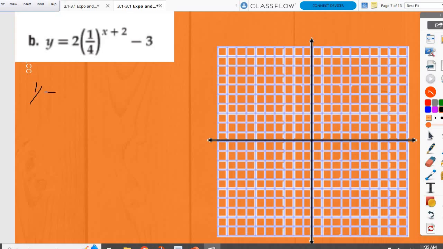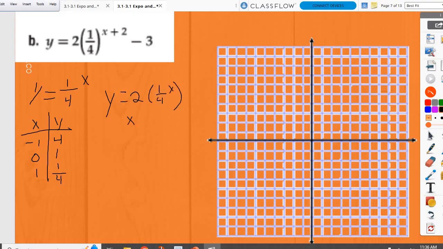So we want to start by looking at just 1/4 to the x. And then we're going to multiply each of our y values by 2.